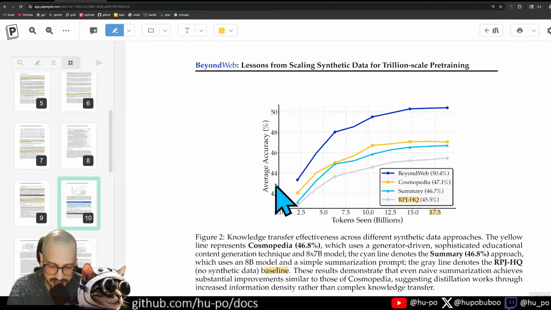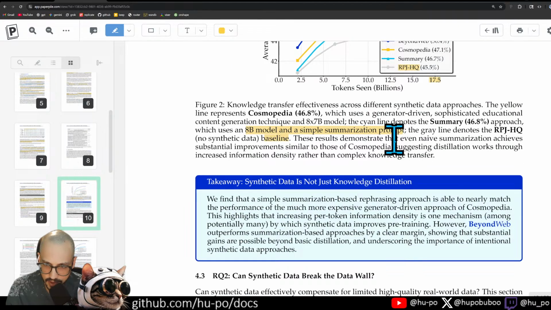So even just using, in this case, an 8B model and summarizing, going through Red Pajama and saying, here's a blog post about dinosaurs, turn it into a paragraph about dinosaurs, even if you use a relatively dumb model to do that and then train on the outputs, that's going to actually get you something. Substantial gains are possible beyond basic distillation.